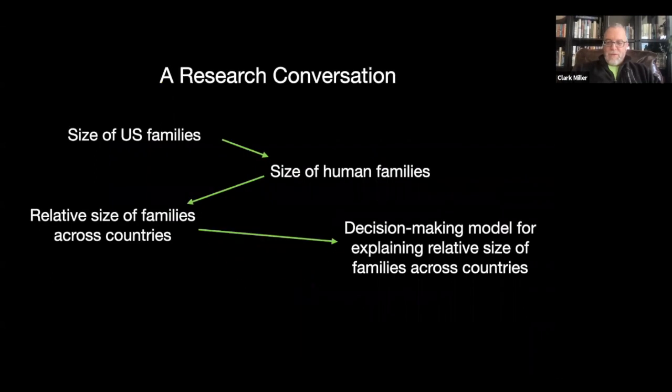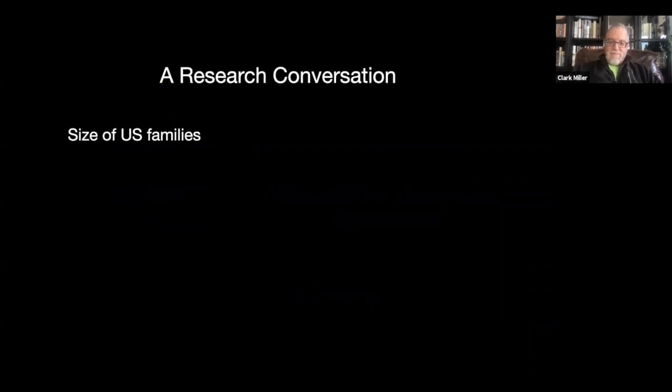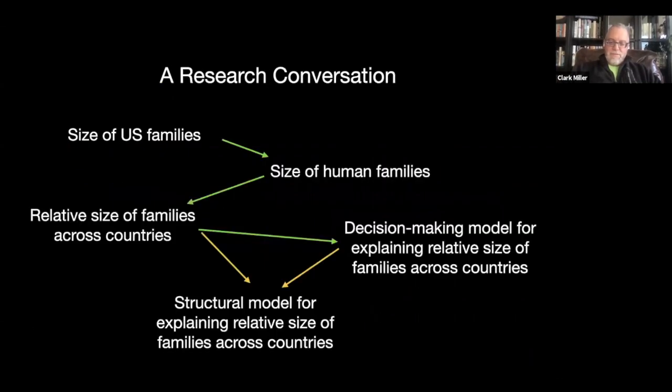So if we go back quickly to this one, right, there may be people who get really interested in the question of the size of human families here, this part of the research conversation.